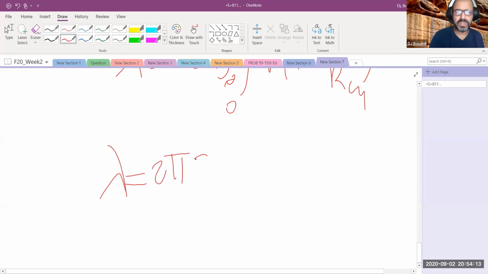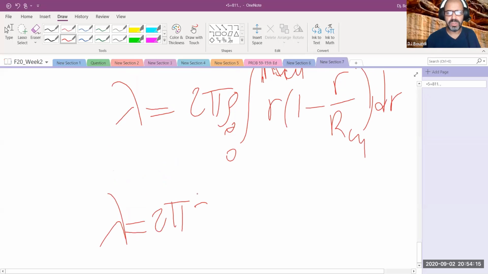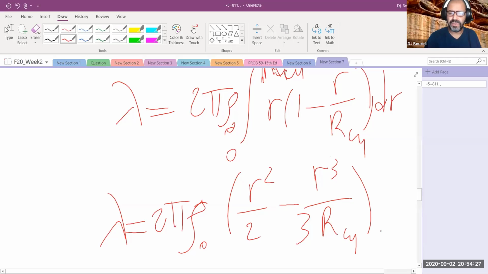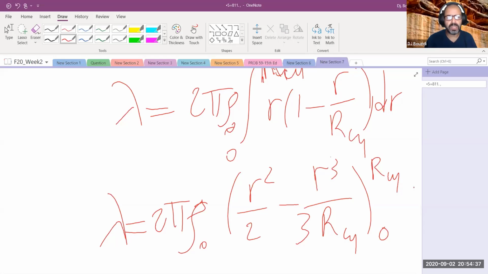2 pi times rho naught times R squared over 2 minus R cubed over 3 times R cylinder, evaluated between 0 and R cylinder, okay? Well, this one is going to give me R cylinder squared over 2, and this is going to give me R cylinder cubed over R cylinder.